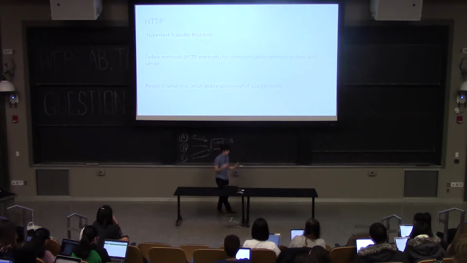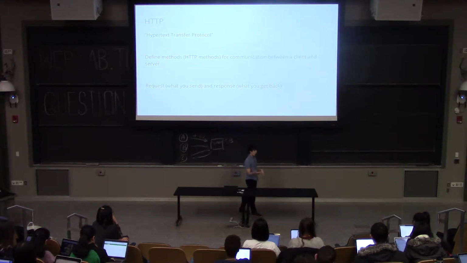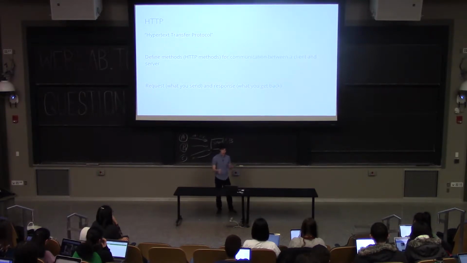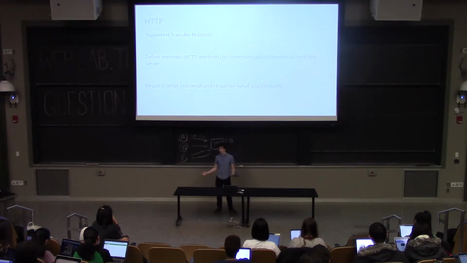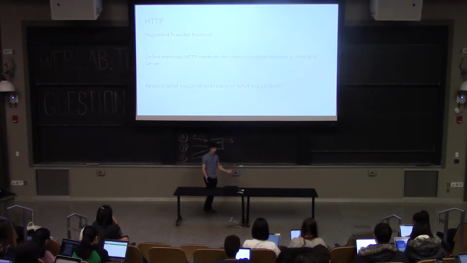You can imagine why this is useful: there's lots of ways of asking for a thing in English, like can you bring me this, give me this, whatever. Having some very fixed system that everything abides by, where it's very obvious what everybody wants, is very helpful, especially when there's millions of different websites and millions of clients at any given time. So we have this protocol that we have defined.